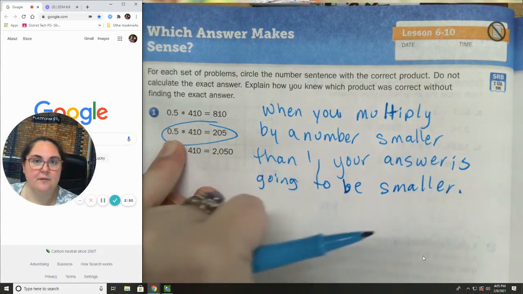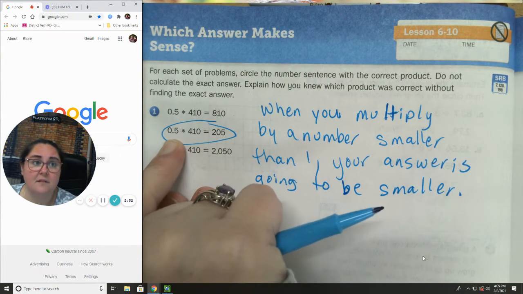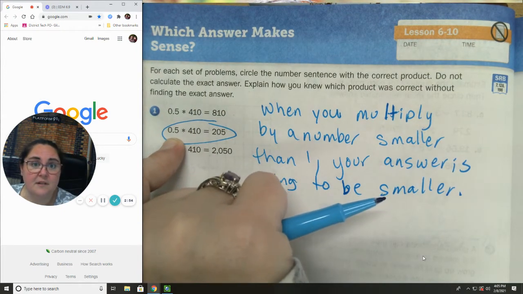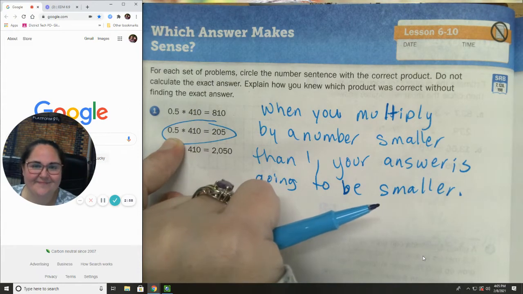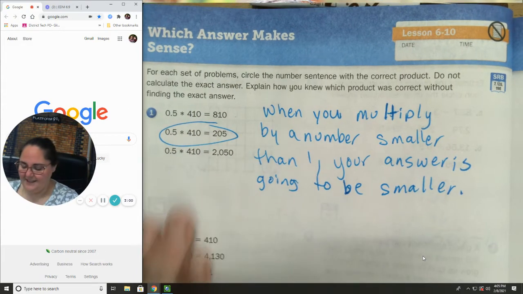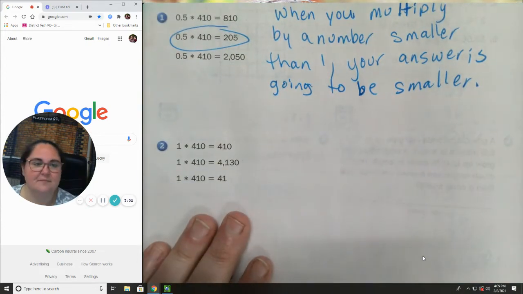Do you agree that 0.5 is less than 1? 0 whole numbers. Absolutely. All right. Let's see if we can figure out number 2.